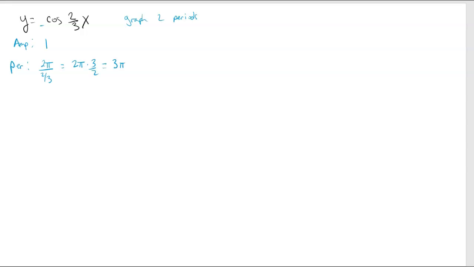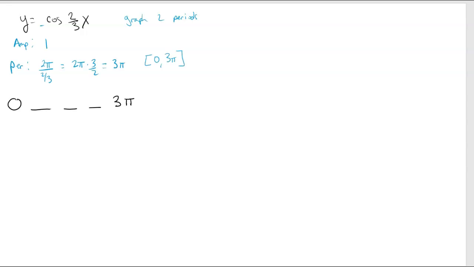This is why I wanted to walk through how we found our intervals, because 3 pi is going to be a little bit bigger, because our numbers are spread out a little bit more. So I'm going to say 0, blank, blank, blank, 3 pi, because my period starts at 0 and ends at 3 pi.